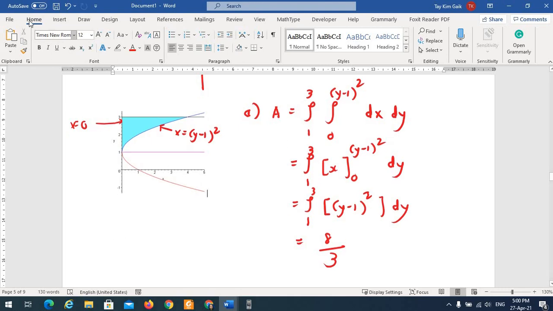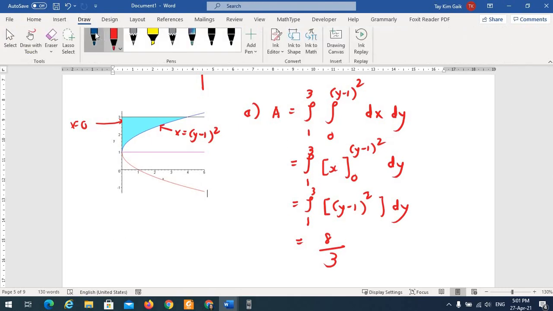Okay, if using dy dx, the bottom curve is actually here. This one is x equal y minus 1 squared.